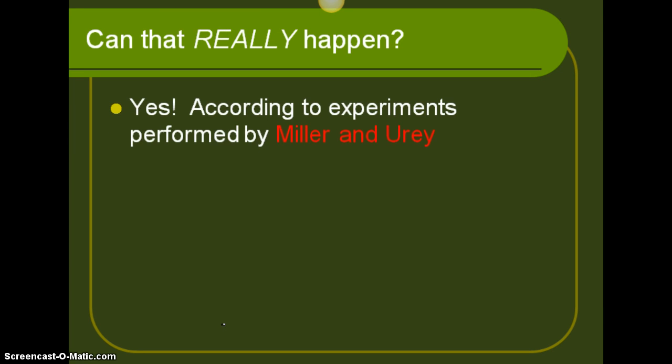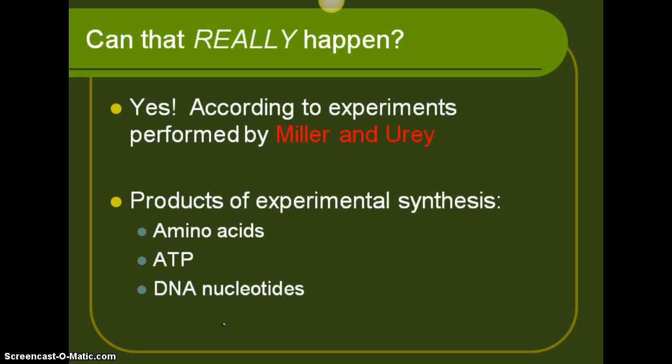So can it really happen? According to scientists Miller and Urey, they can actually produce this theory in a lab up to the final step. So they can set this up in the way that Oparin had described, and they actually get amino acids, ATP, and DNA nucleotides in the end of the experiment.